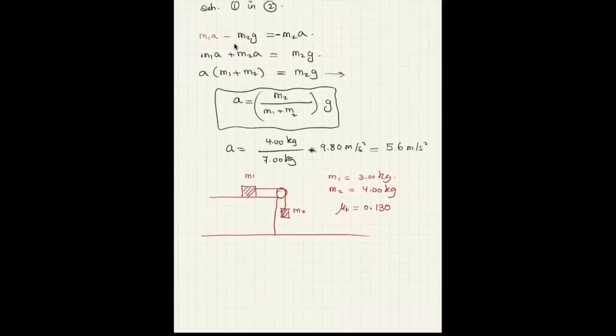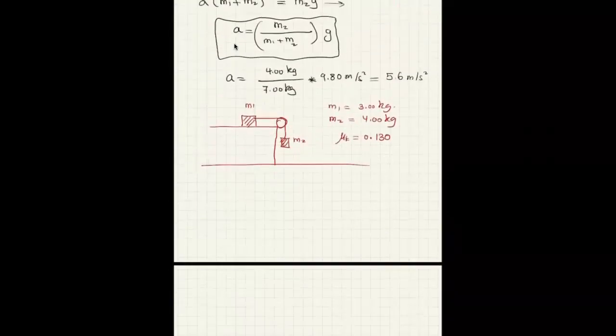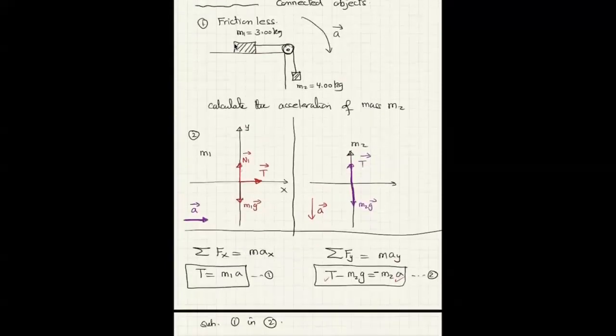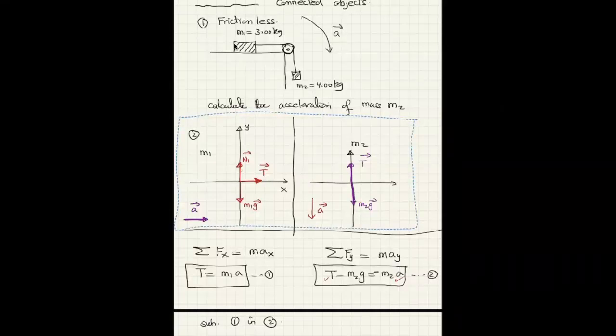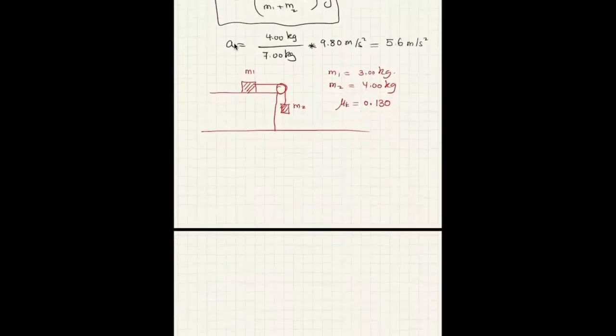All right, now again, I need to draw free body diagrams. The only difference between the two free body diagrams is that I need to add a force, which is the force of friction. I'm gonna copy them because they're gonna be exactly the same. Then here I have this pasted for you.